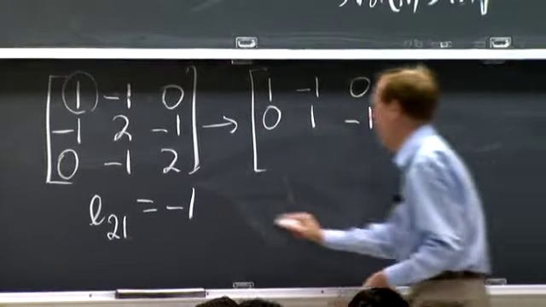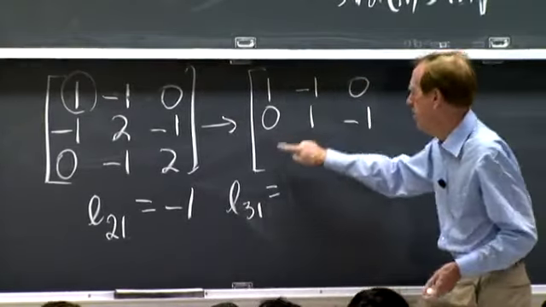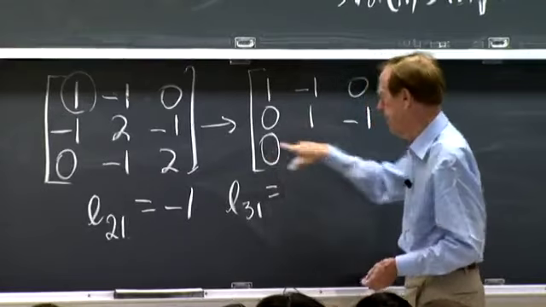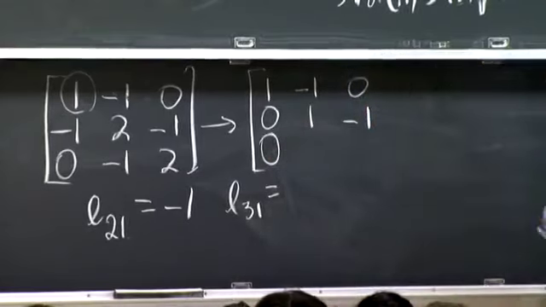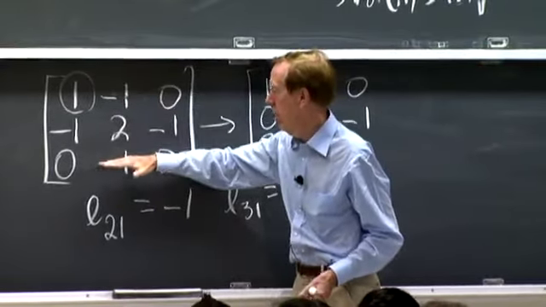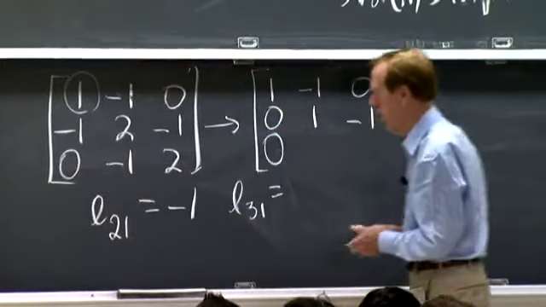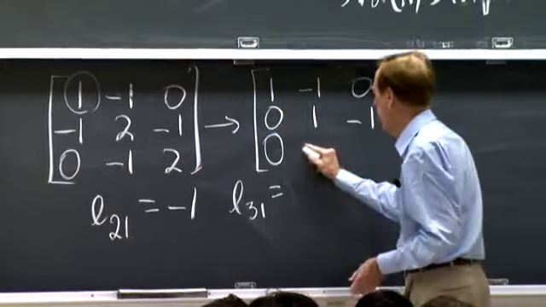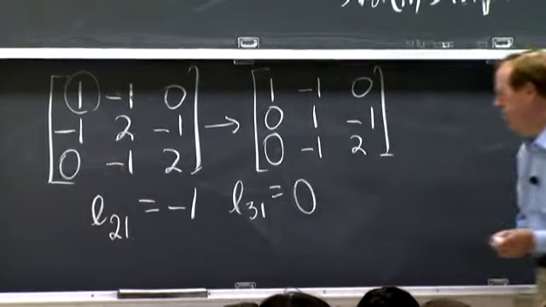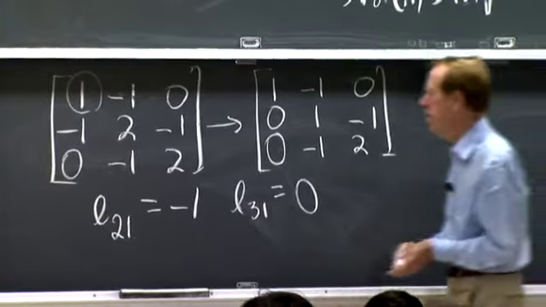What's L31? What's the multiplier that produces a 0 in the row 3, column 1 position? It's 0. I take 0 of this row away from this row because it's 0 already. So I'm not going to change that row. And L31 was 0. Okay. Now I know the next pivot.